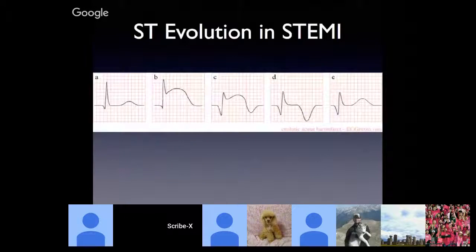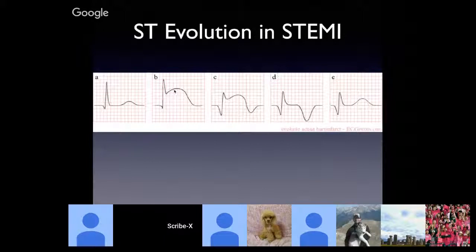This is what an ST elevation MI looks like in various stages of evolution on your EKG. So here is where you start playing golf and you're asymptomatic and enjoying your day. And then all of a sudden you start having symptoms, whether it's shortness of breath or profound fatigue, or you just start sweating, or maybe you have chest pain.